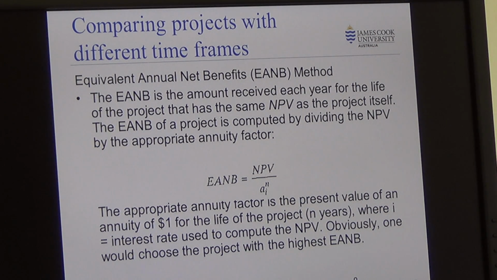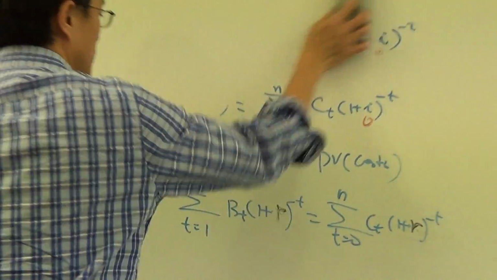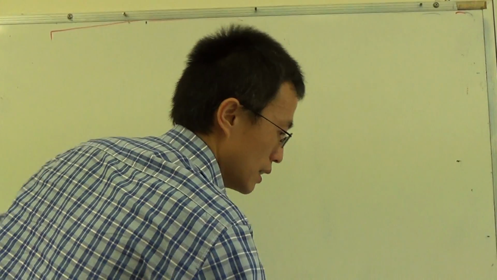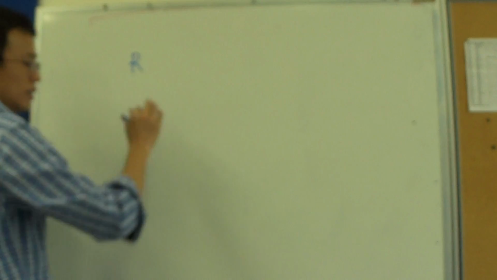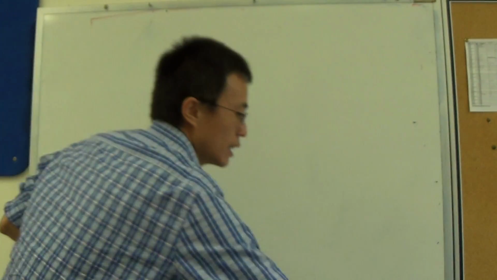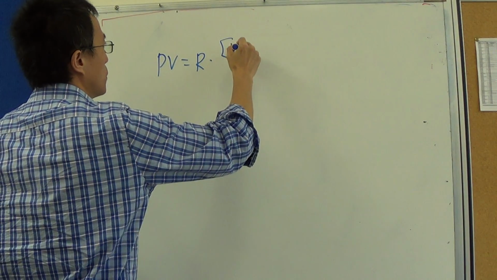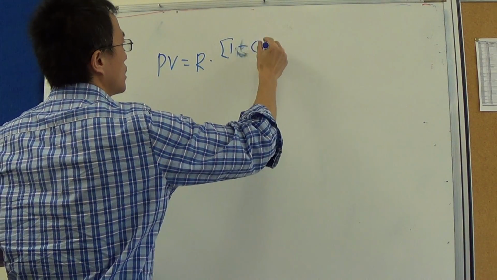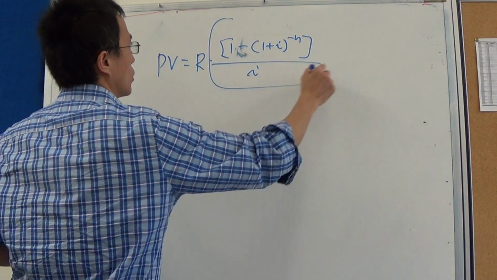Okay, then we can calculate it. I'm going to show it on the whiteboard. Now we know that the present value of annuity formula here is R multiplied by 1 minus (1 plus i) to the power minus n, divided by i, and this we call the annuity factor.